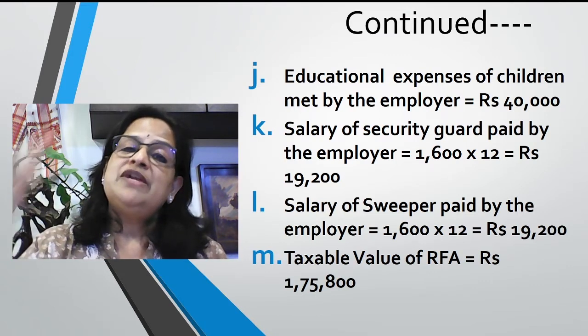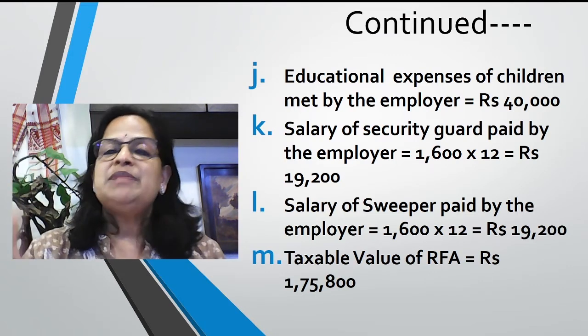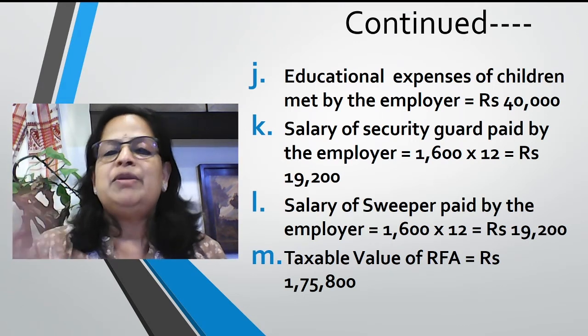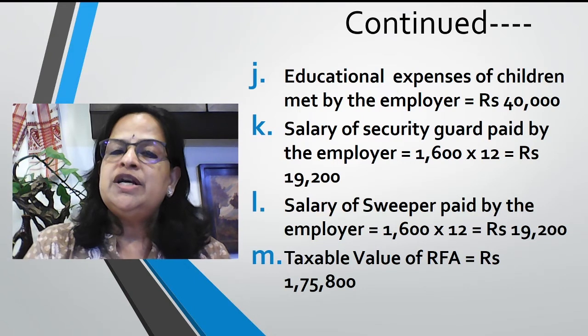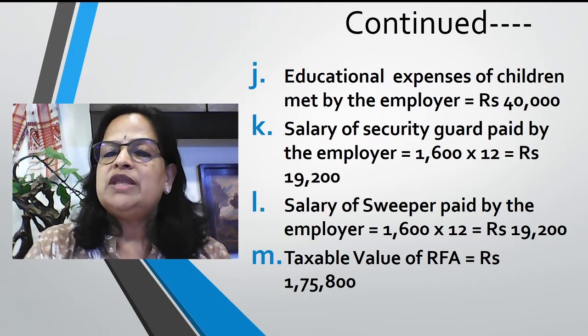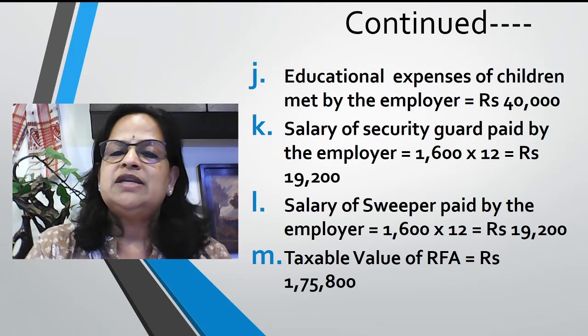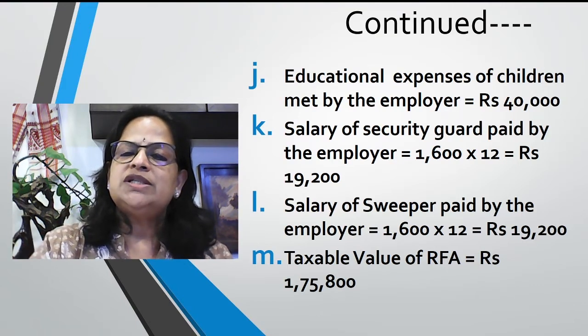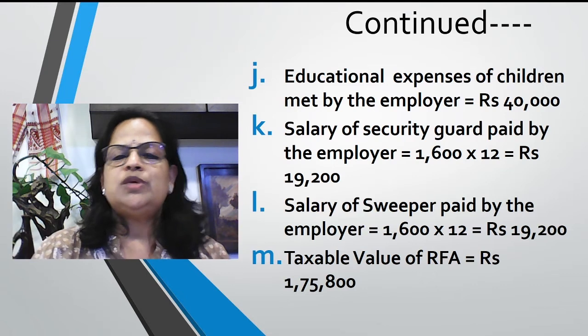Earlier problems we have done with educational allowance. Please remember, this is educational expenses reimbursed by or met by the employer. Salary of security guard paid by employer, taxable, 1,600 into 12, 19,200. Salary of sweeper paid by employer, 1,600 into 12, 19,200.